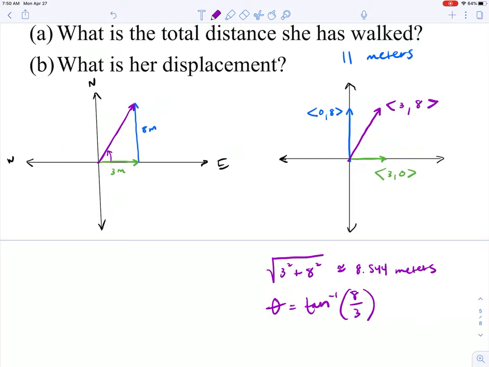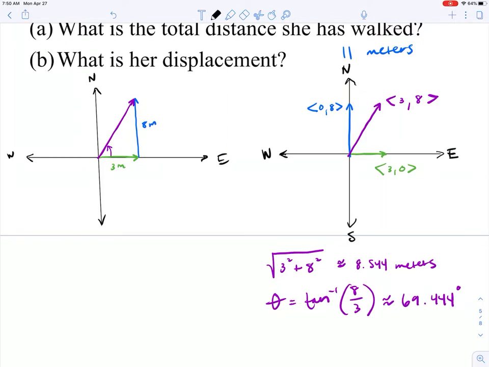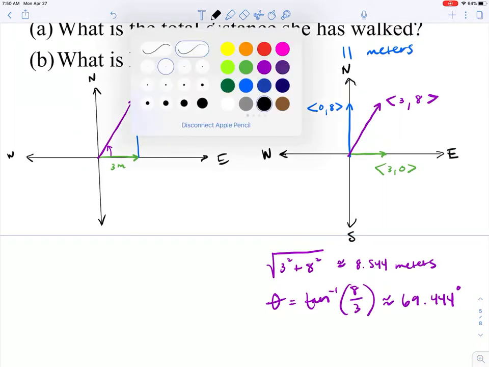So the direction would be inverse tan. I'm in quadrant 1, so I'm just going to have the inverse tan of 8/3, which is approximately 69.444 degrees.